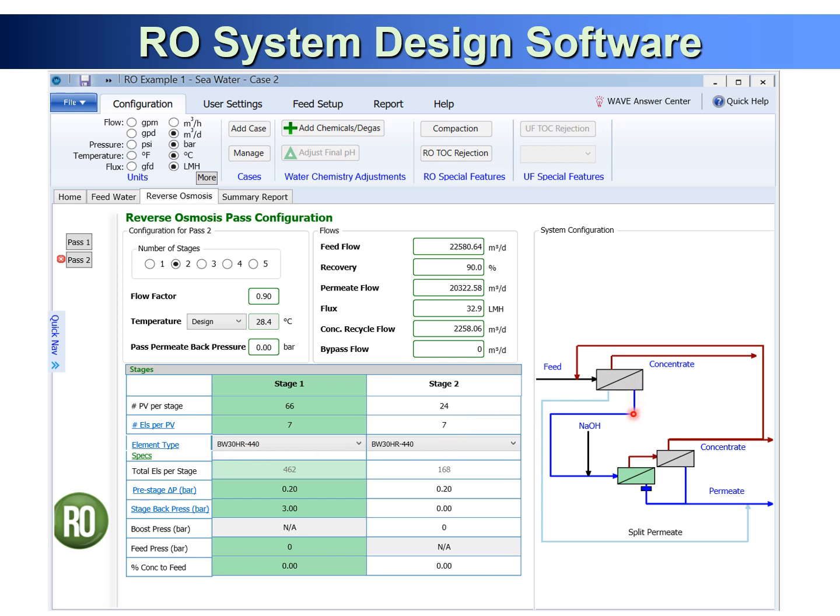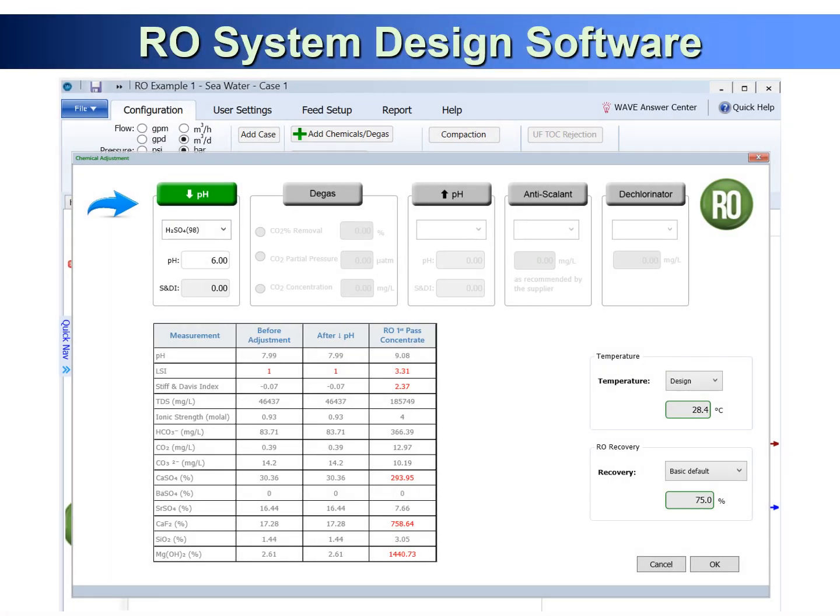Because this is already the permeate of your first pass, your salt concentration is very low, so we select the brackish water 30H440 membrane, which has 32.9 LMH water flux, and this is another value we can use to fine-tune this RO configuration, and then you can go to the summary report.